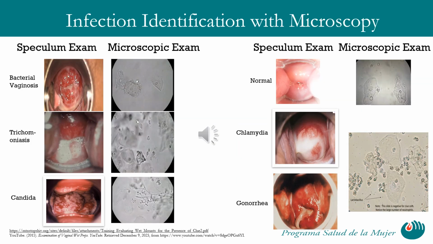This slide shows a contrast between the naked eye examination and microscopic identification of common vaginal infections. First, with bacterial vaginosis, one sees a thin grayish-white discharge, and under the microscope, clue cells, or epithelial cells coated with bacteria. These are the hallmarks of BV.